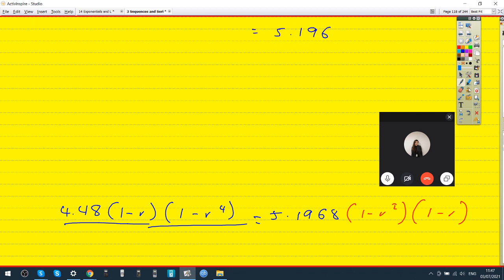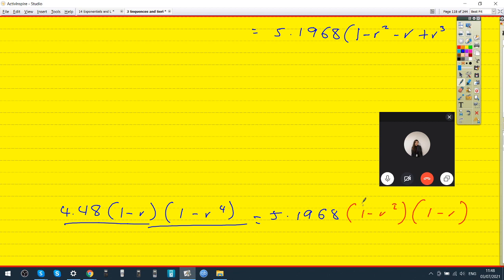Oh yeah, and on the left, you have 1 at the end, plus r cubed. And in the middle, you'd have minus r squared, and then minus r squared again, minus r.